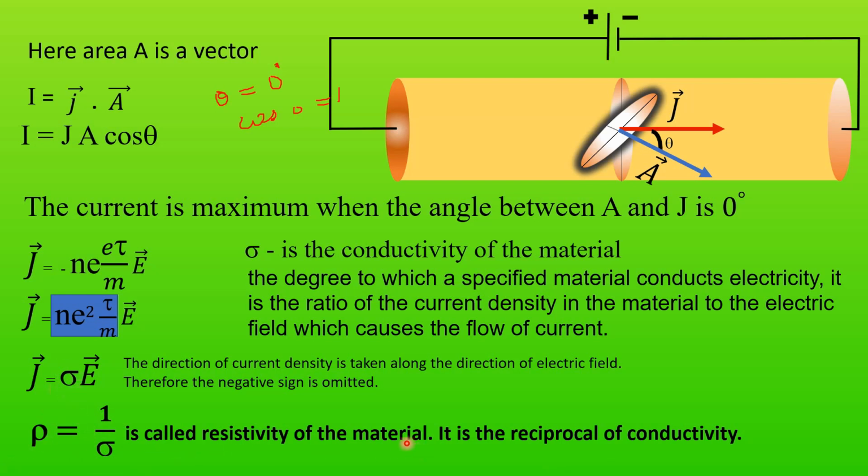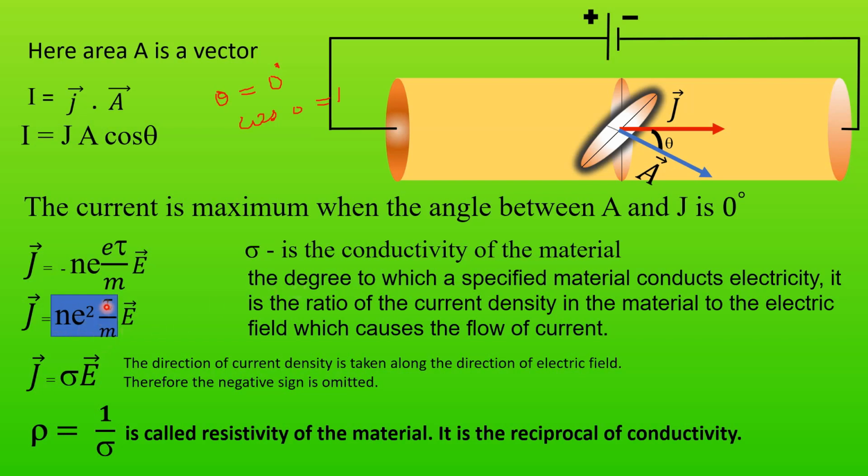So this sigma term represents the conductivity, and the reciprocal of this conductivity is also called the resistivity of the material. Here the conductivity is connected with the number of electrons, the charge of the electron, the relaxation time and the mass of the electron. Here n, e, m, these three factors are constant. Tau is also a constant, but the relaxation time varies with temperature.